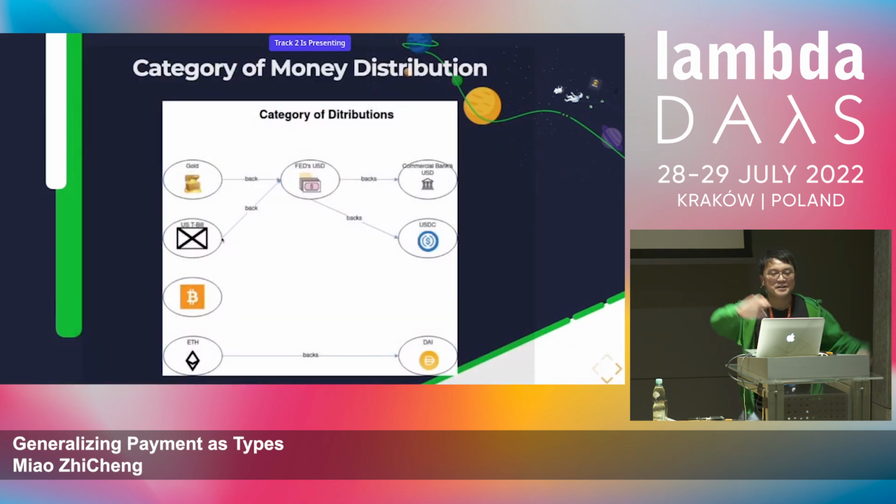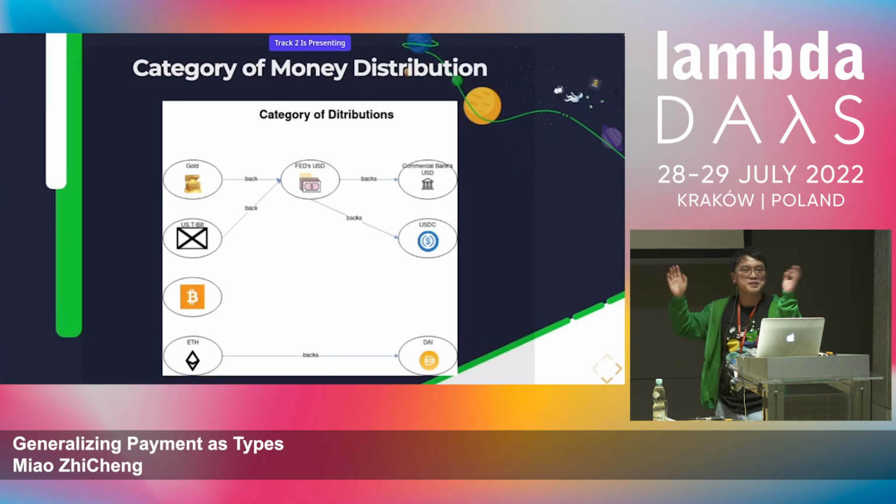All right, so maybe I'll just do real quick, right? So what we could, using category theory maybe to model something not really useful per se, maybe in the end, is like category distributions, right? We talk about money distribution. What about relationship between all those money?